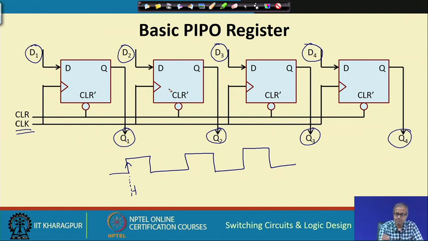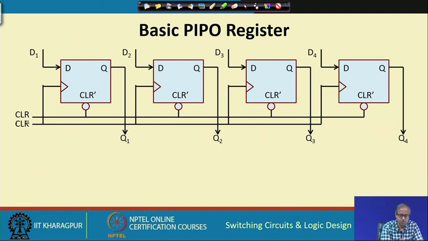And these flip flops, as you can see, also have a clear input which is active low, because the bubble that we are showing here means it is active low. Active low means whenever clear is 0, the flip flops will be cleared. So, if you connect this clear input to all the 4 flip flops, whenever you want to clear them to all zeros, you can do it.